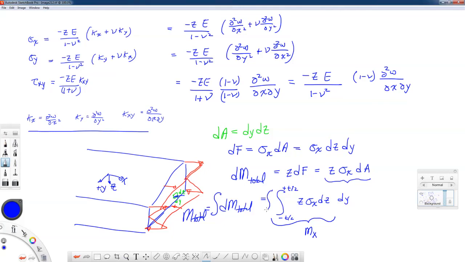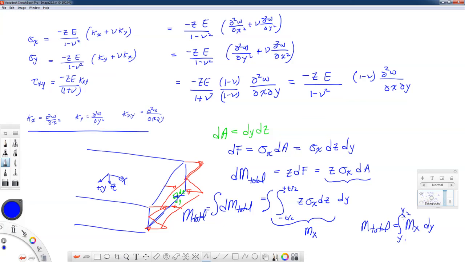The total moment would be an area integral over y. After we do this integral through the thickness, I'm going to define that as mx. So we have here the total moment is equal to this term mx times the integral over dy, from wherever to wherever.